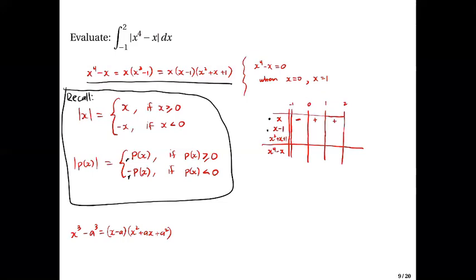For this part here, when x is between -1 and 0, this is negative. When x is between 0 and 1, this is still negative. And when x is greater than 1, this is positive. And then, like I said, this guy here is always positive.